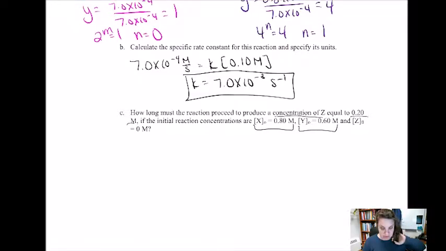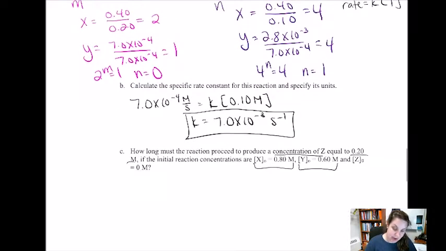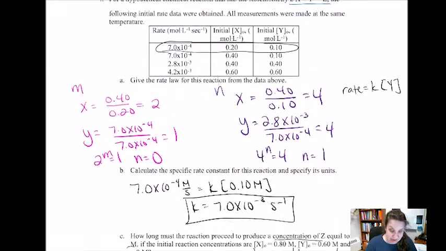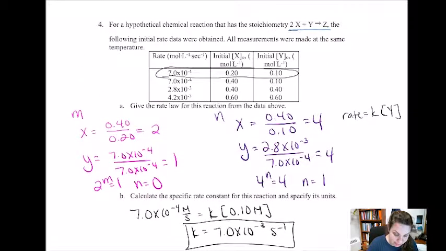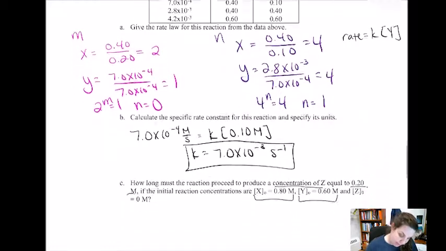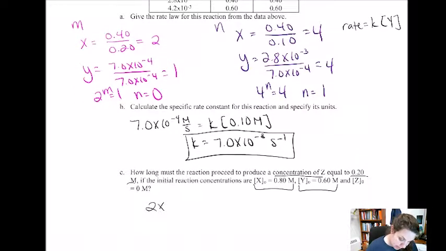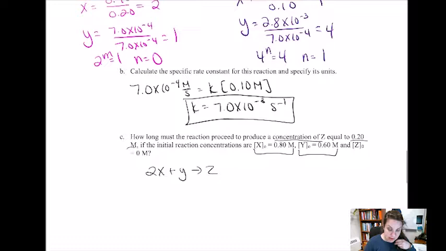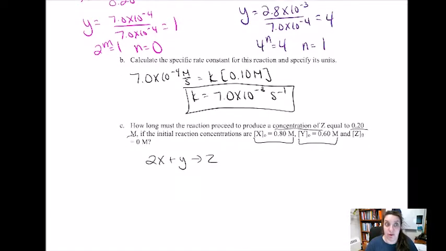Okay, so we want to determine how long it will take to actually get to our product. So this is kind of a different type of thing. We're looking at this equation again. So we have 2x plus y going to Z. We have our initial concentrations, and we have an end product that we want to determine the amount of.